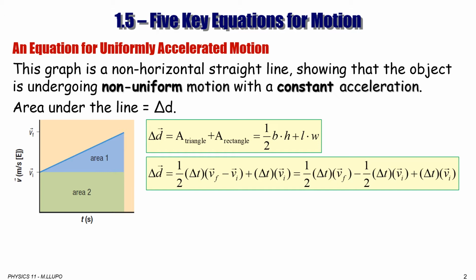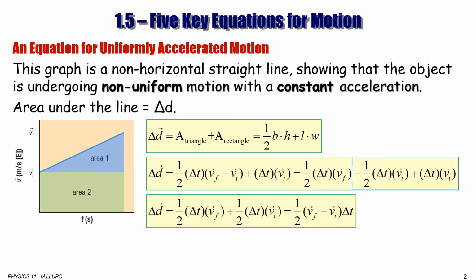So next, this is equal to half of delta t V final minus half of delta t V initial, and now plus delta t V initial. Now delta t V initial minus half of delta t V initial is just half.